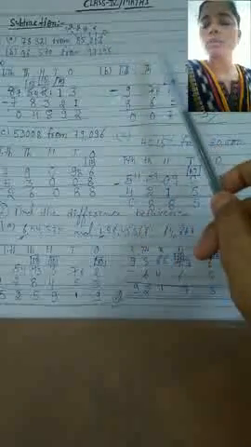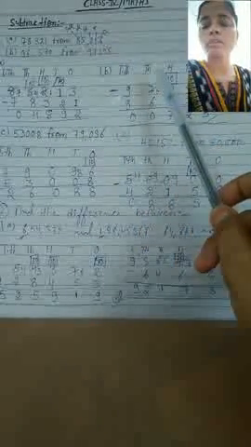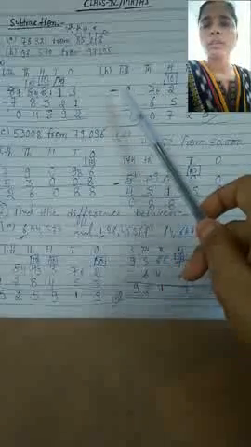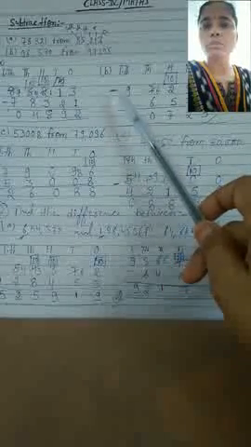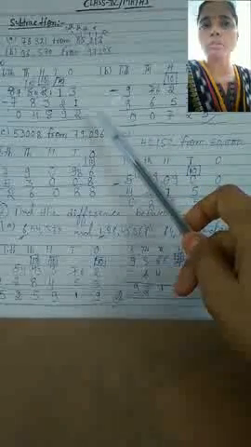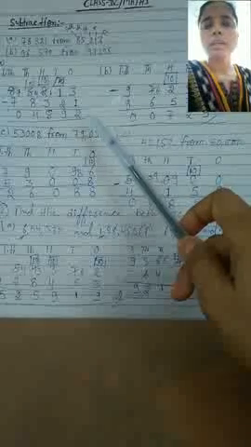And if there is no "from" given in the question, you check which number is greater. You write the greater number first, and then subtract the smaller number from the greater number. It's very important to arrange the numbers properly.